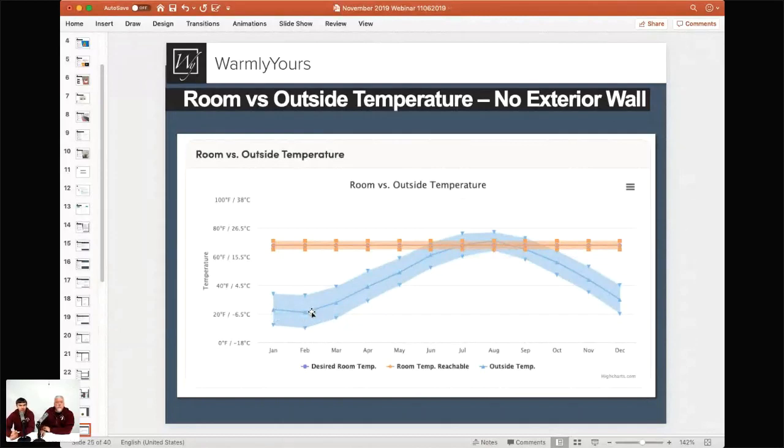And the orange line is just showing you what the room temperature can stay at with the floor heat running. Once again, we're talking about this nice scenario with no exterior walls. Of course, there is pretty good low heat loss, and the temperature can be maintained at, in this case, looks like 68 degrees throughout the whole year. So all of the days in the year should be just fine.